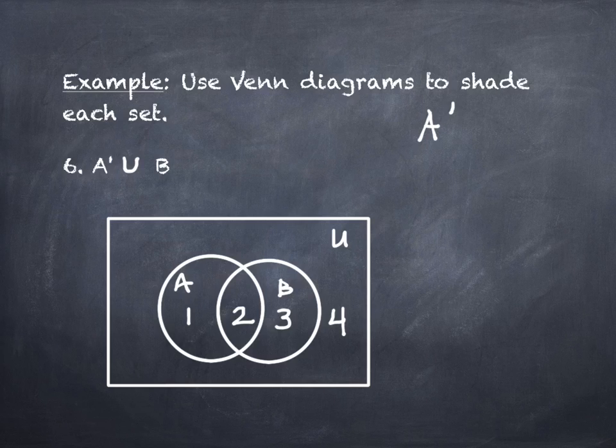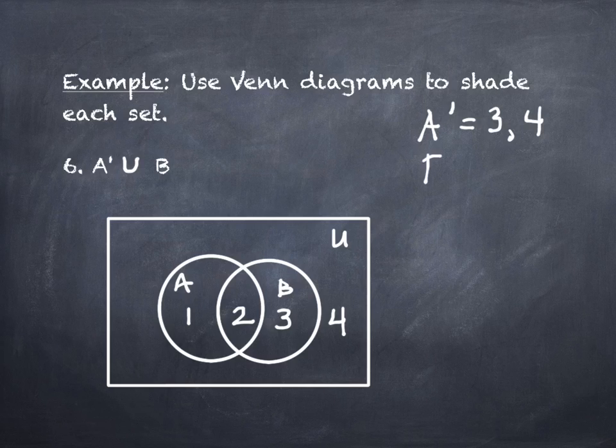And what numbers are inside of what would be considered A prime? 3 and 4. A is set 1 and 2. A complement means outside of set A, right? Not in A. And the items that are not in A are 3 and 4. So we list 3 and 4.